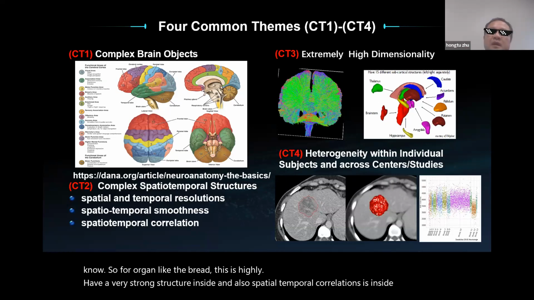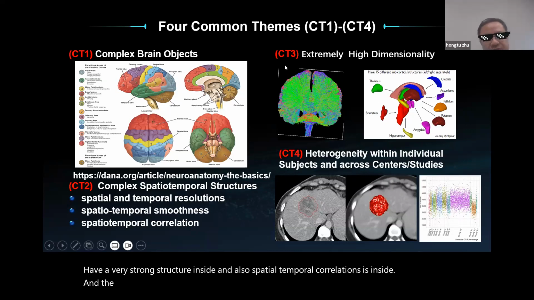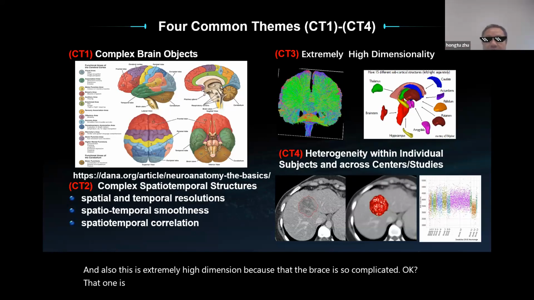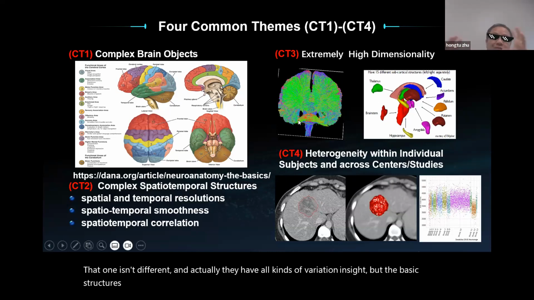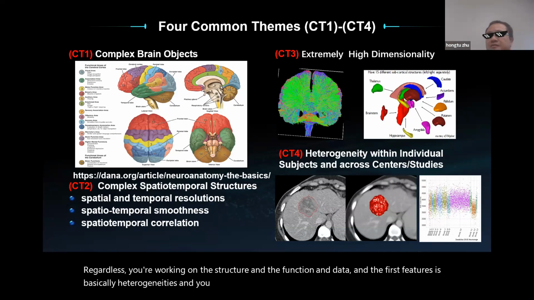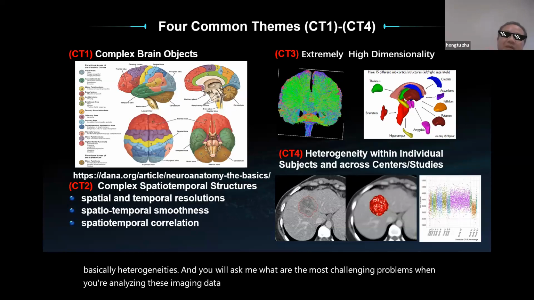And also this is extremely high dimensional because the brain is so complicated. Okay, and everyone is different and has all kinds of variation inside, but the basic structure is very similar. Okay, and you have very similar structures for the brain, regardless of whether you're working on structure or function data. And the next feature is heterogeneity. And you will ask me what are the most challenging problems when you're analyzing this imaging data and neuroimaging data.